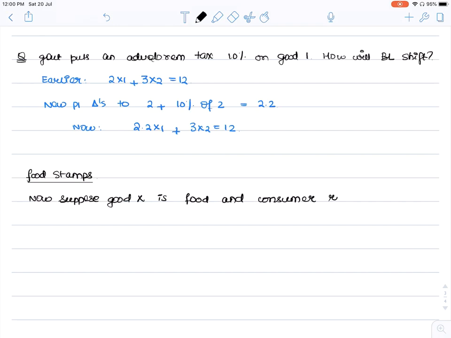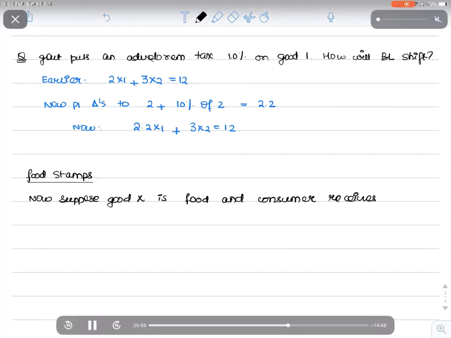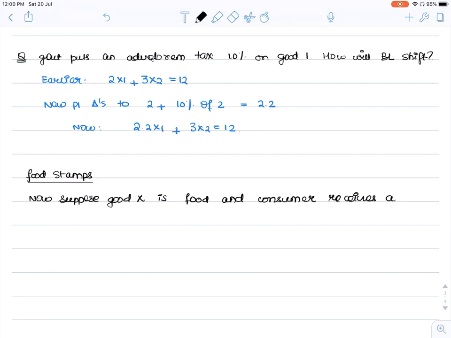Now suppose good X is food and the consumer receives a food stamp worth 5 units of food.